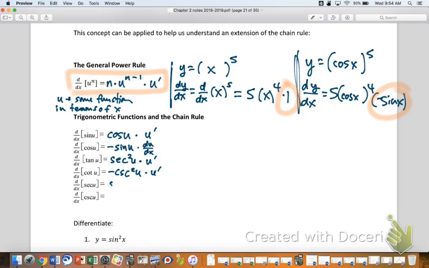Yeah, so this would be secant of u times tangent of u times du dx, or u prime. I'm just mixing up those symbols because they all mean the same thing. I want you to be comfortable using both. And then lastly, the derivative of cosecant would be? Except it's negative, right? So negative cosecant of u times cotangent of u.